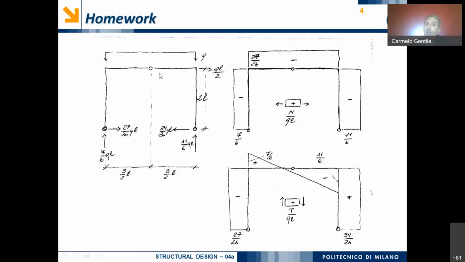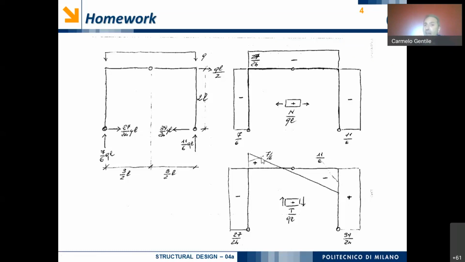For the horizontal beam, there is a uniformly distributed load on the beam. And so what I expect is that the shear will vary linearly, okay, from the value of 7 over 6, which is the value on the left-hand side, until the value of 11 over 6, which is the value on the right-hand side, okay?